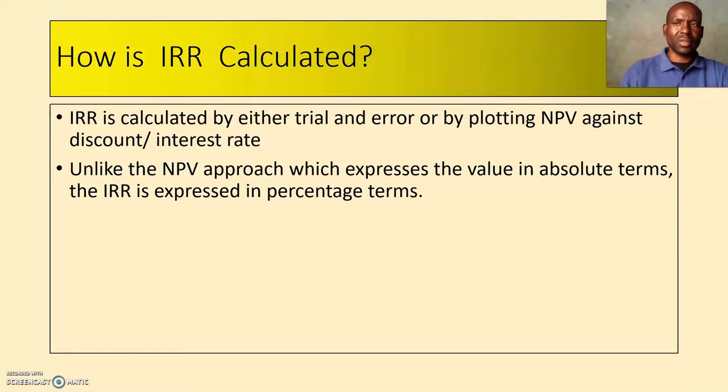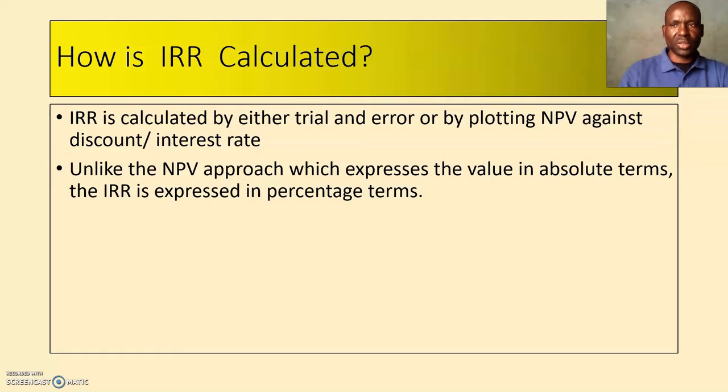Okay? So where the graph crosses the NPV that is equal to 0, or where the x-axis is crossed by the graph that you plot, that is the value of the internal rate of return.